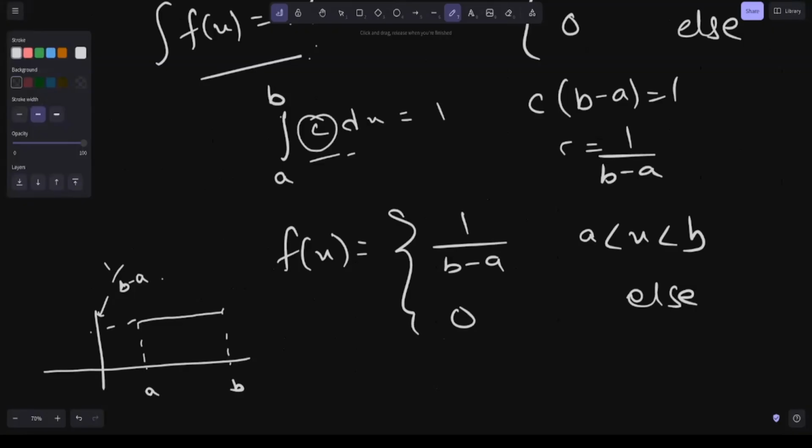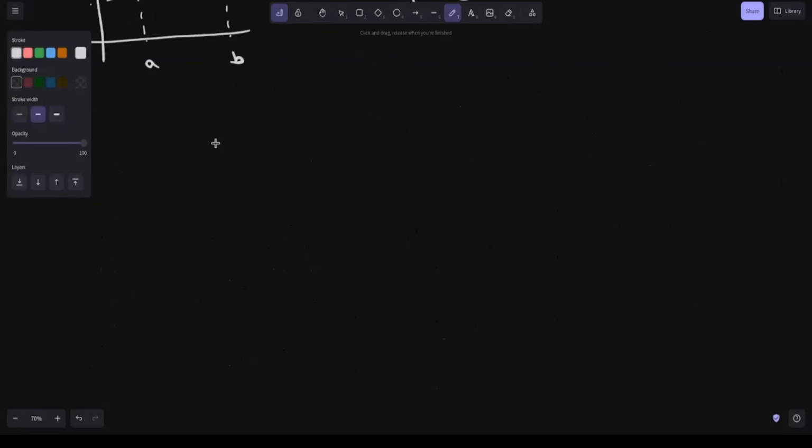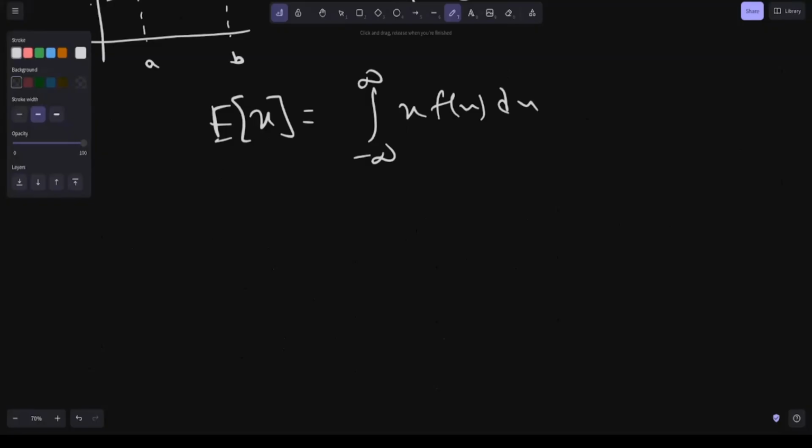Of course the first thing we must do is E[X]. What is E of X? It's very simple. Integration from minus infinity to infinity of x f(x) dx. I'm not writing the limits, so it will be x by b minus a dx, and we are just going to consider from a to b, because at the rest of the places it is just 0.